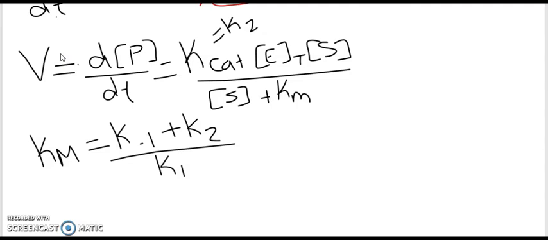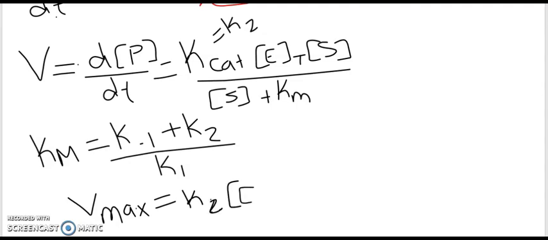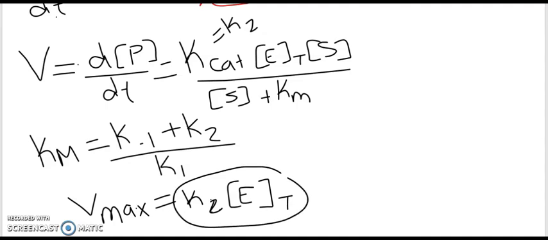So we have Vmax equals K2 times E total. And we already have this right here, but it's just written differently, which is right here.